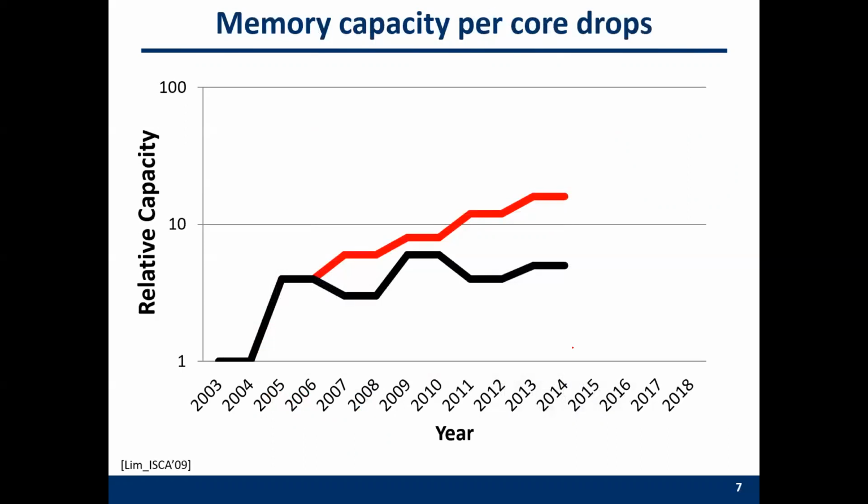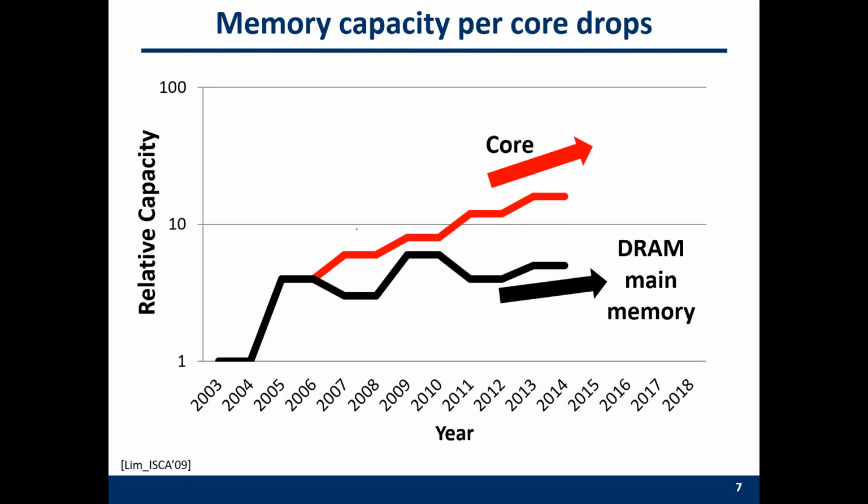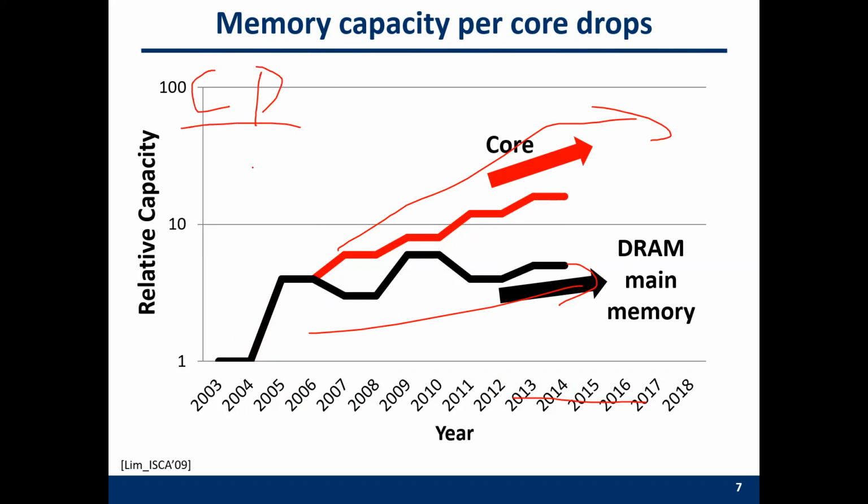Here shows the comparison between them, the scaling of the core. This is the core number. And this is the memory capacity per core. Although overall, the DRAM capacity increases year after year, if we use the capacity of DRAM divided by the core number, then this is the result.